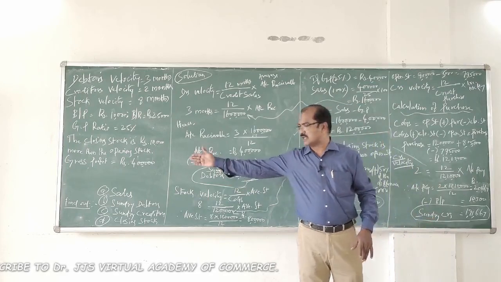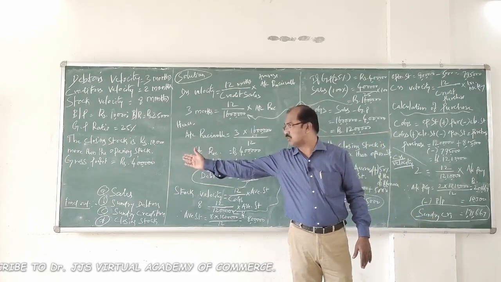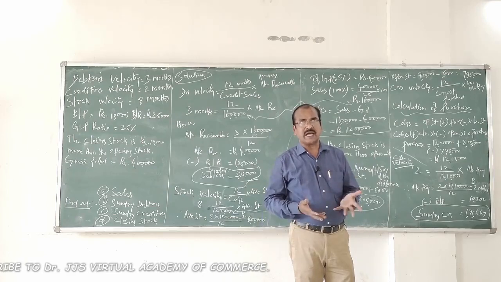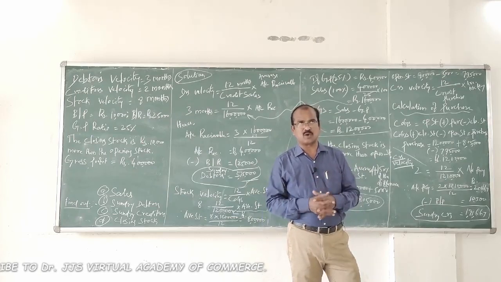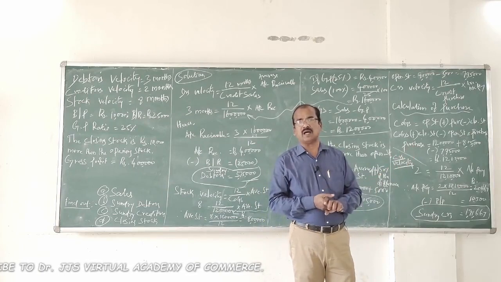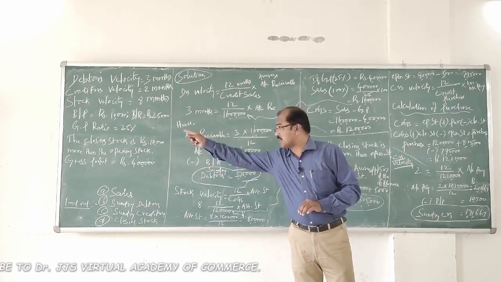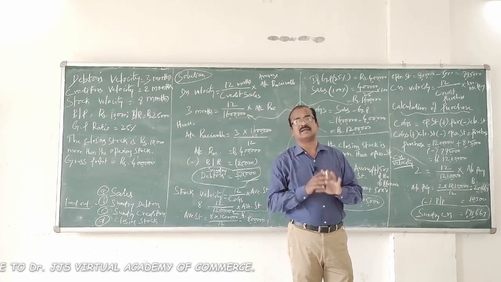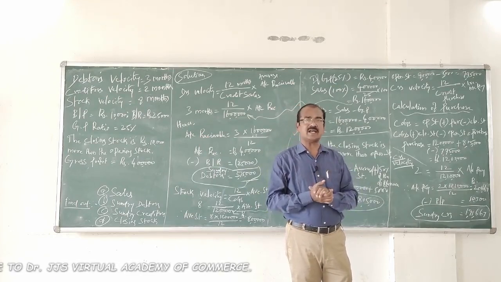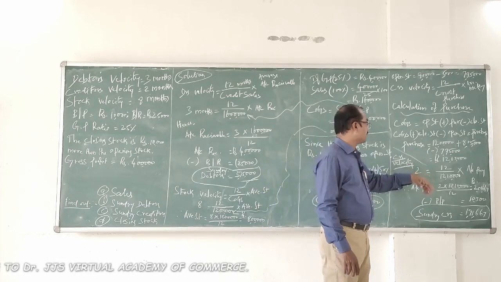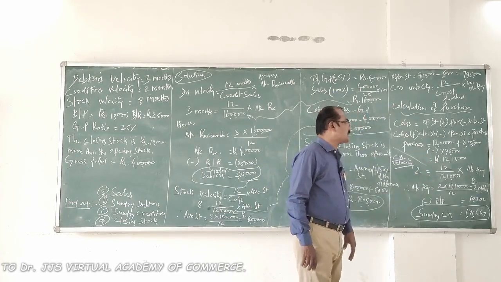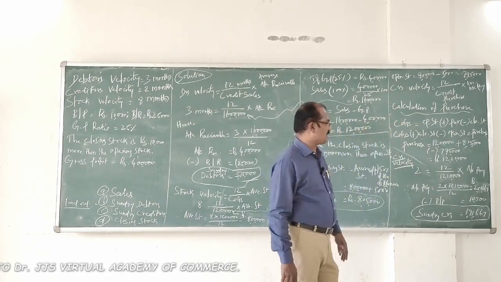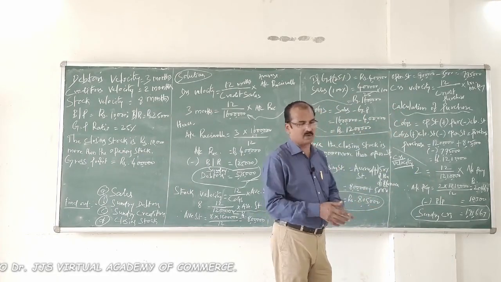That is why they have already given bills payable amount at 10,000 rupees. So after we calculate closing accounts payable using this formula, if you subtract bills payable 10,000 rupees, the balance would be sundry creditors at the end. That is the idea behind this calculation. Okay. Now, creditors velocity is equal to 12 months divided by credit purchases into closing accounts payable. That is the formula for this particular problem.